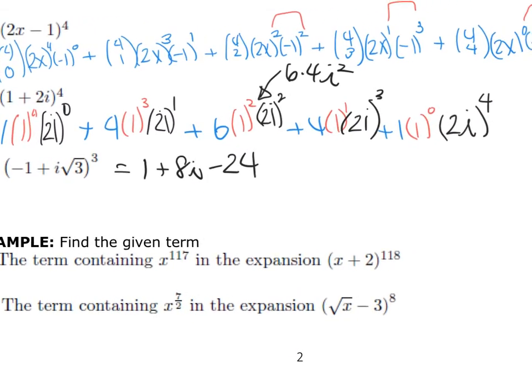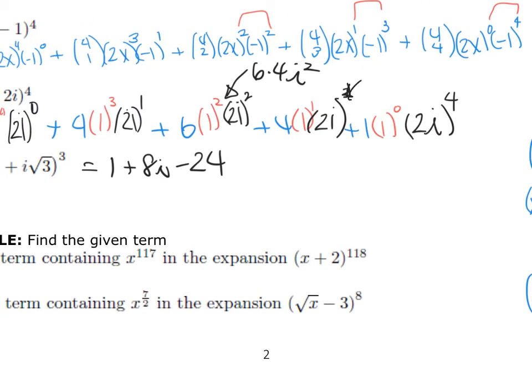My next term is 4 times 8i to the 3rd. So 4 times 8 is 32. What is i to the 3rd? Negative i. So this becomes minus 32i.